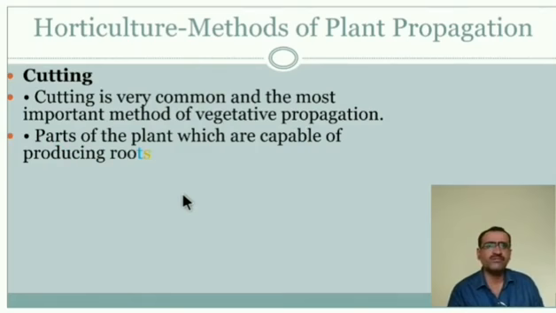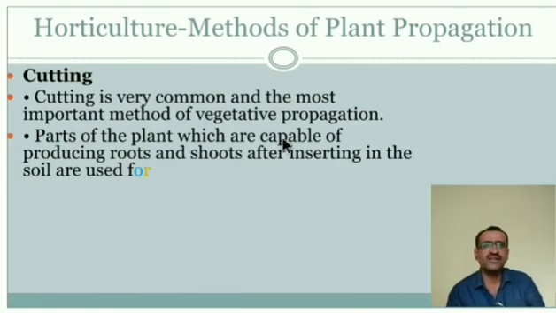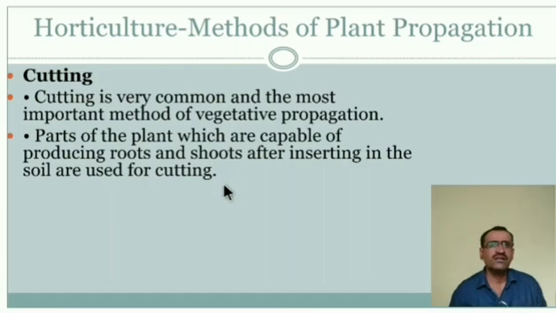Second, the part of the plant used for cutting must be capable of producing roots and shoots after insertion in the soil. Any part, for example the root, shoot or stem, can be used. When we use the shoot, it produces the root, and when we use the root part, then the shoot can arise from that cutting.